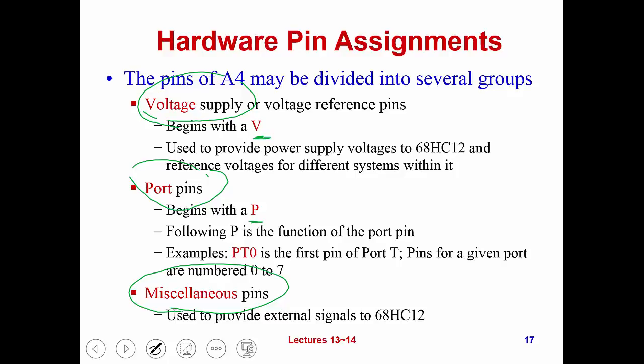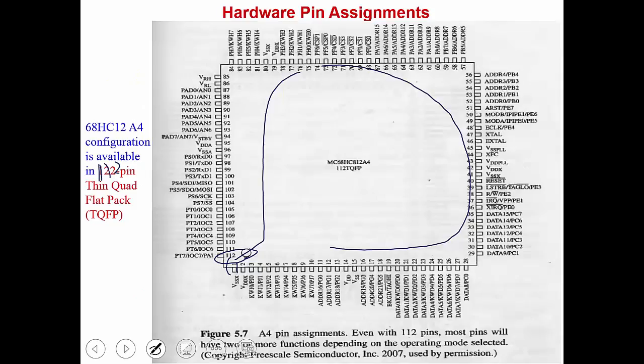If you look at some pins here, like VRH, VRH, those pins manage to supply voltage to the different subsystems. Those pins only give voltage. Why do we have so many pins for voltage?